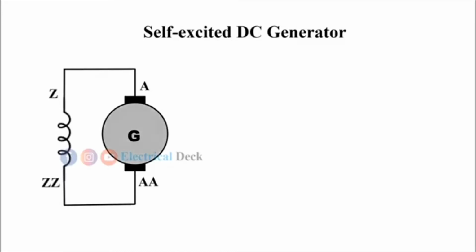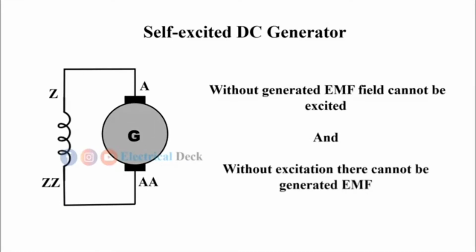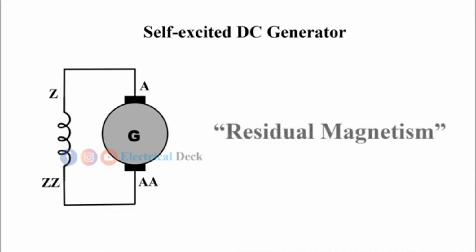Here you may get a question: without generated EMF the field cannot be excited, and without excitation there cannot be generated EMF. Then, how does a self-excited DC generator work? The answer is residual magnetism in the field poles.